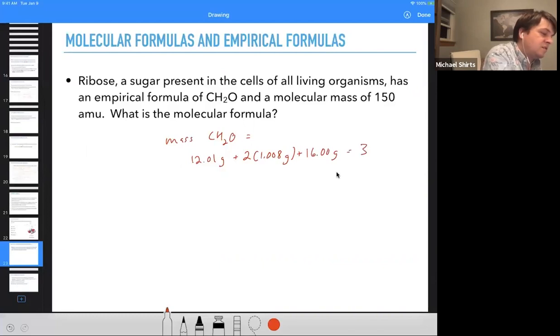That equals 30.03 grams per mole of CH2O.